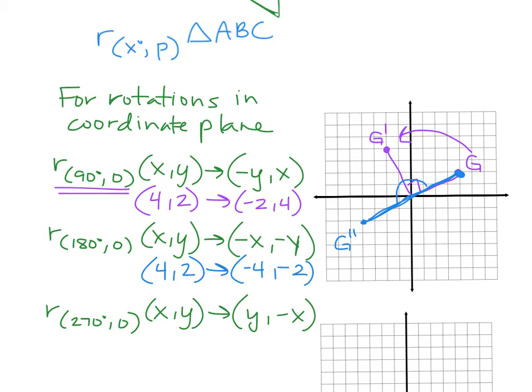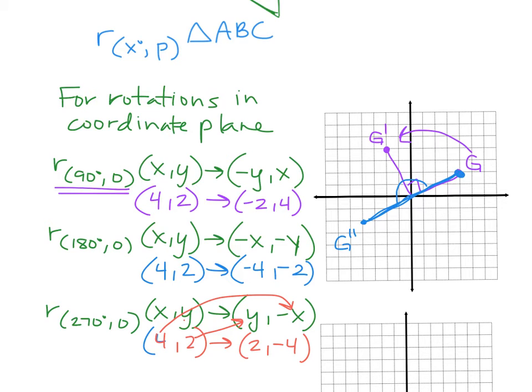Okay? Last one, if you took that (4, 2) and you rotated it 270 degrees, where would you end up? (2, -4), right? So we take our y value and then the opposite of our x value.